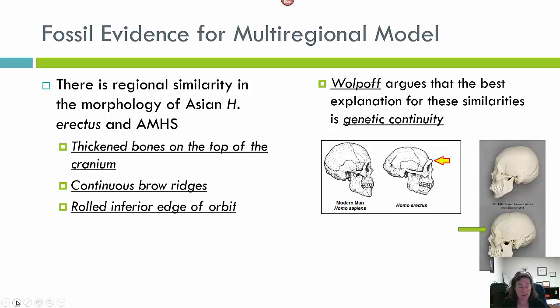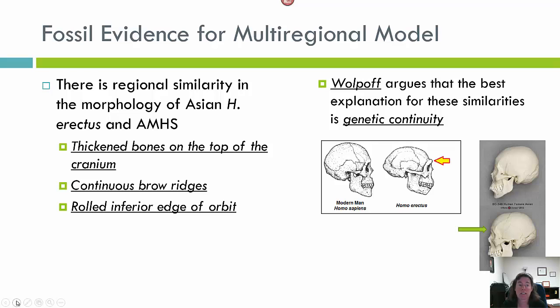What about fossil evidence for multi-regional? The fossil evidence for multi-regional is hard to defend for Europe and the Middle East, but it's a lot easier to fit the paleontological data from Asia. We see that there is regional similarity in the morphology of Asian Homo erectus and anatomically modern Homo sapiens.